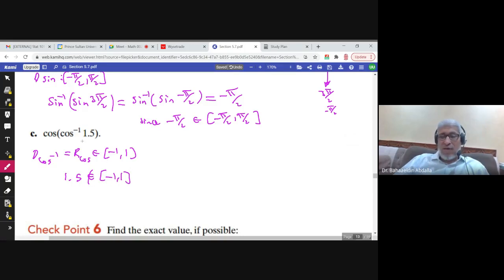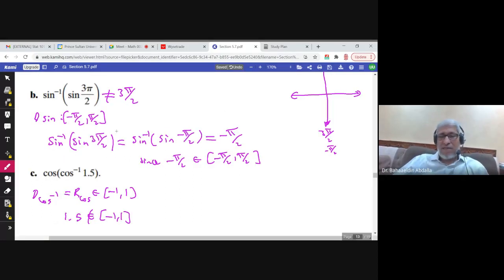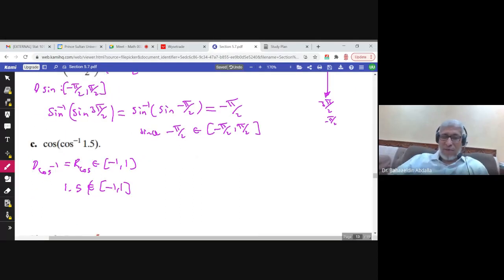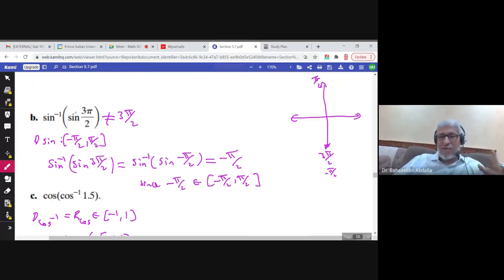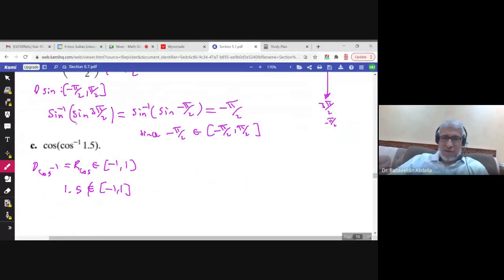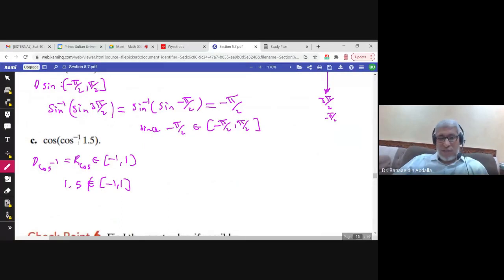Okay, so can I find another function, cosine inverse, with another number that's equal to this? Can I do what I did here? And the answer is no, I can't, because cosine inverse is 1 to 1, but sine is not 1 to 1 in general. So cosine inverse of 1.5 is not defined.